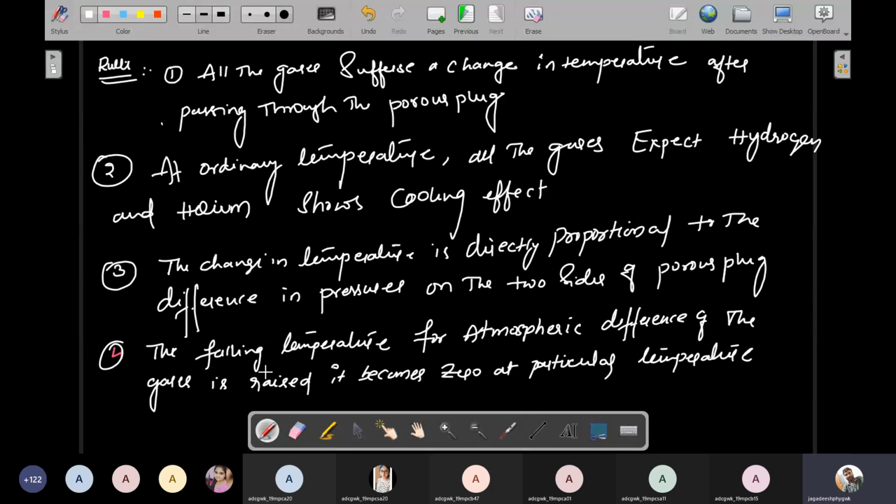See, a falling temperature for atmospheric difference. If you see in the atmosphere, the temperature suddenly falls, but the temperature never comes to zero.